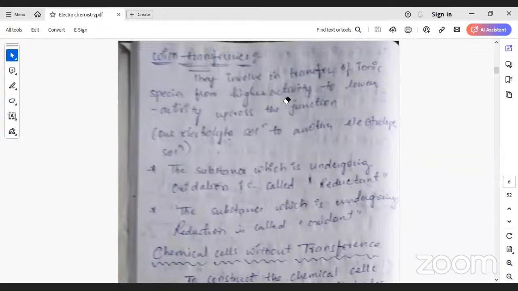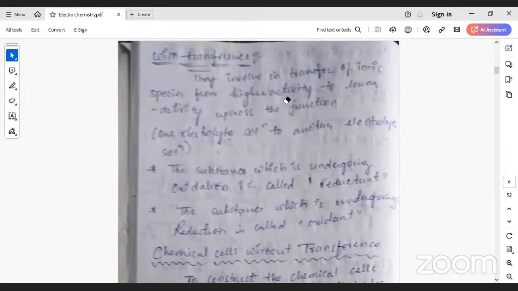Now we are going to construct the EMF equations of chemical cells with and without transference, and concentration cells with and without transference. That is in our syllabus, and it is also important from the exam point of view.